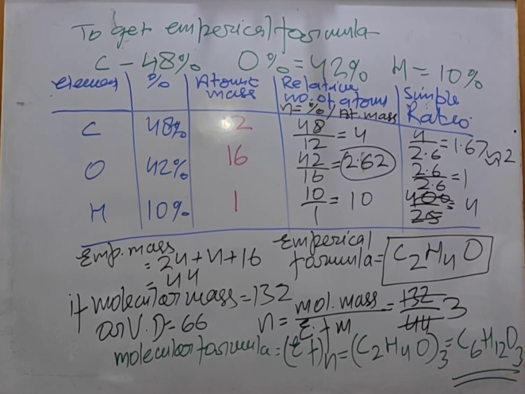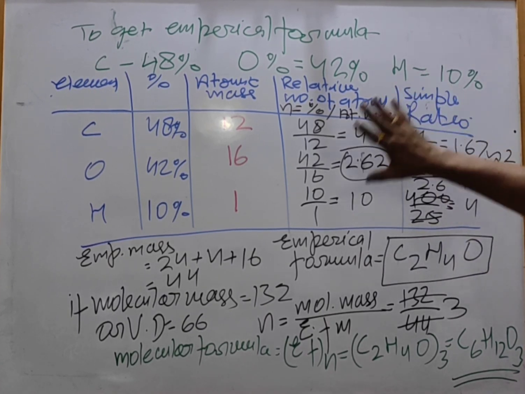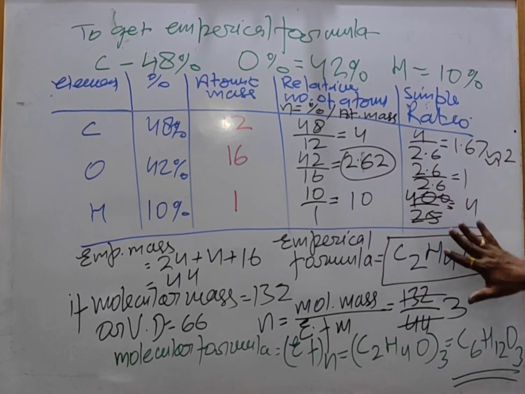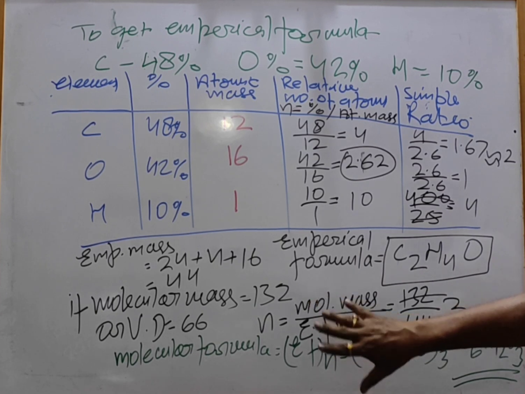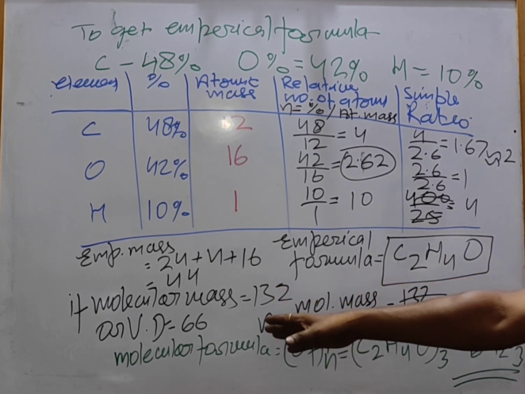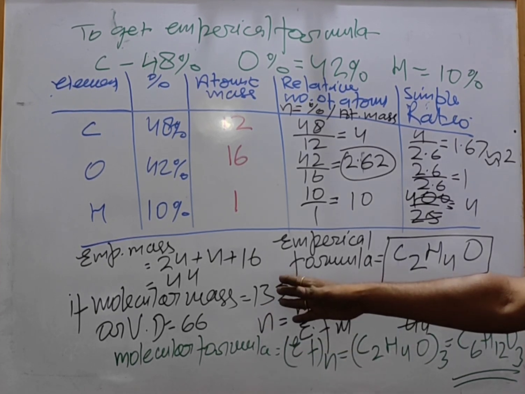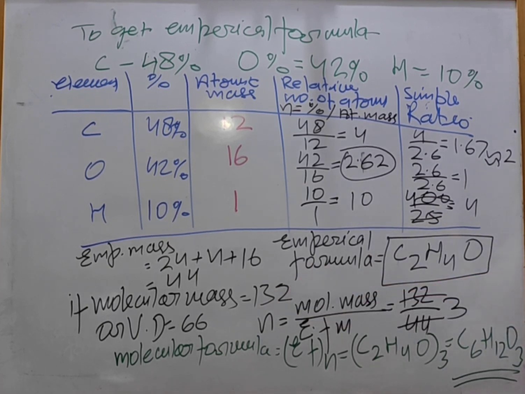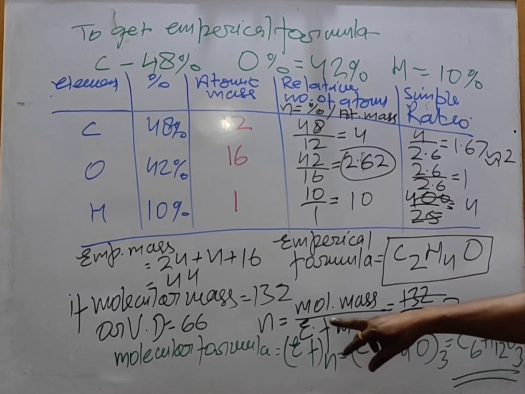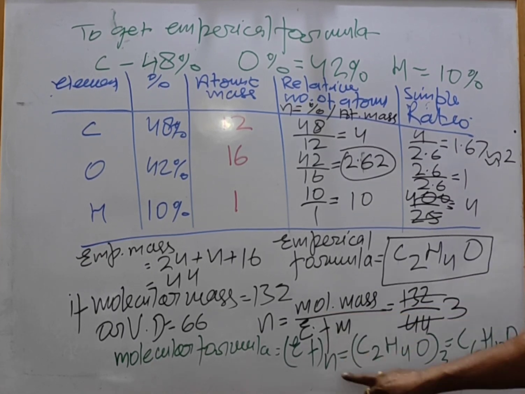I want to teach you the process of how we get the empirical formula, and how we utilize this molecular mass or vapor density, because vapor density is 2 into molecular mass. So you get the molecular mass 132, right? And then we get n, which is utilized here, and then we get molecular formula.